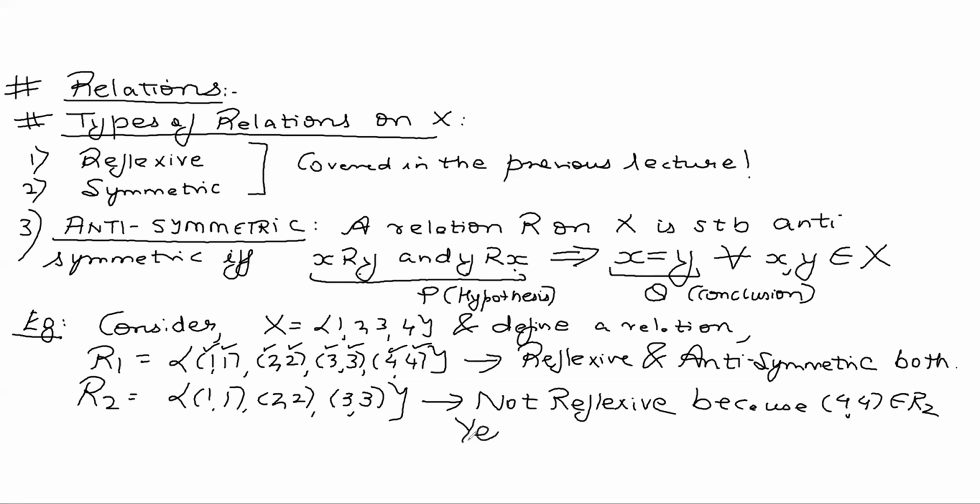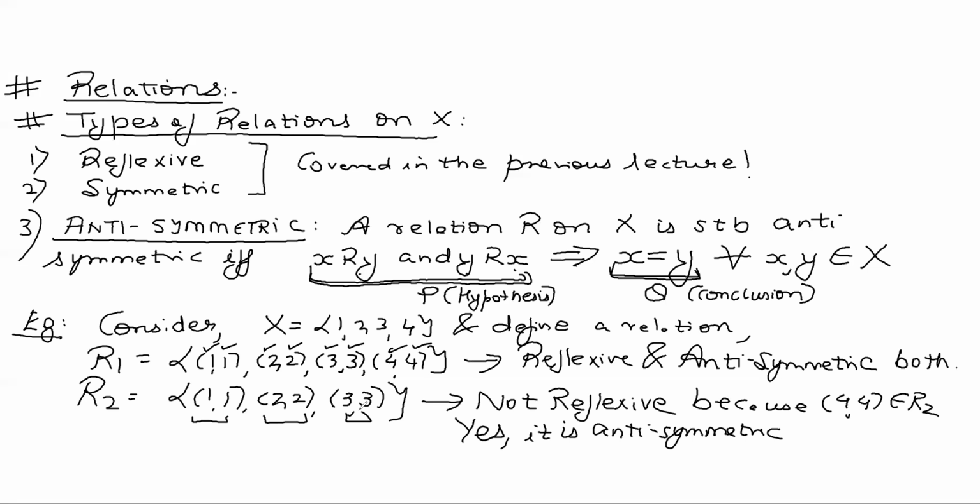Yes, it is anti-symmetric. Because in the anti-symmetric definition, look at the definition. What was it? If X is related to Y and Y is related to X, X should be equal to Y. So you can see in all these cases, X is equal to Y.